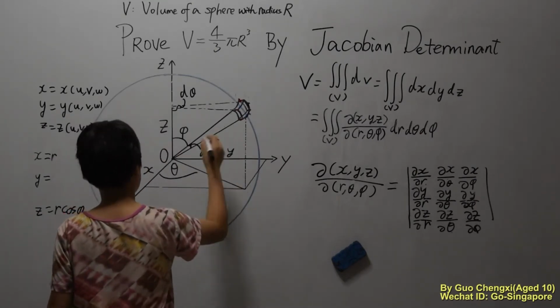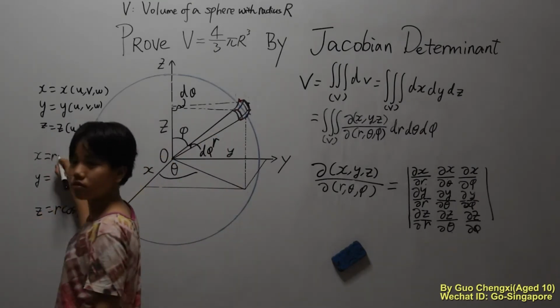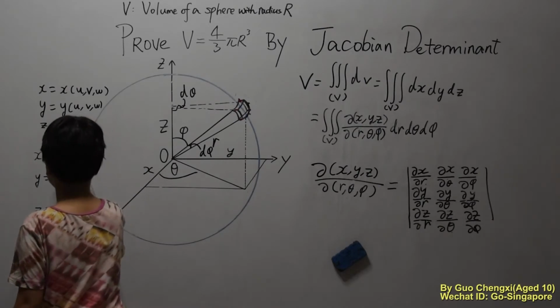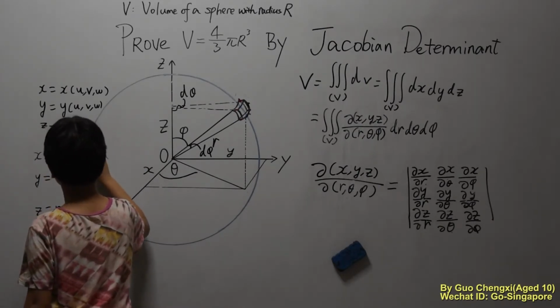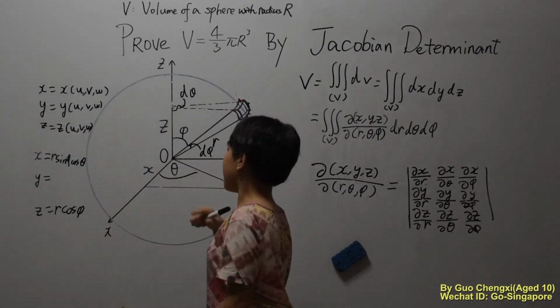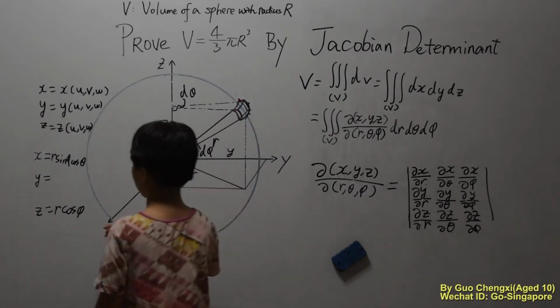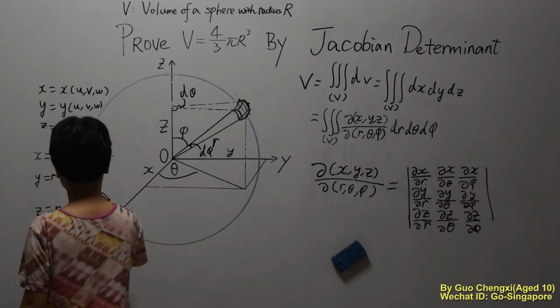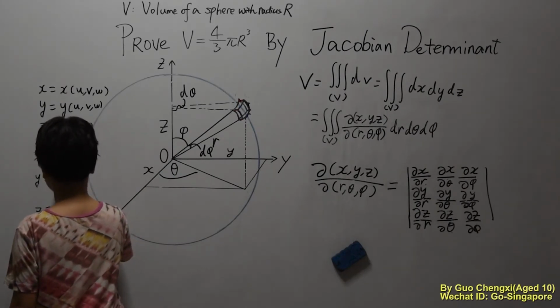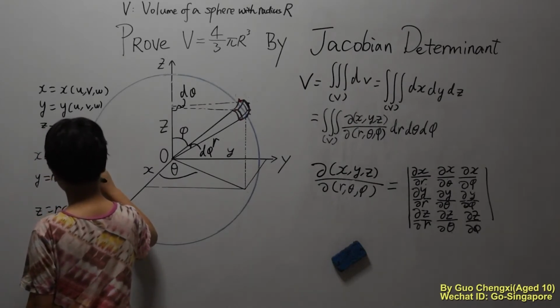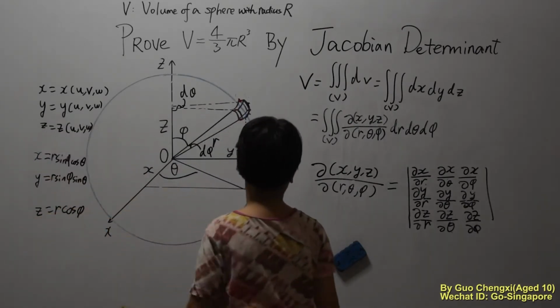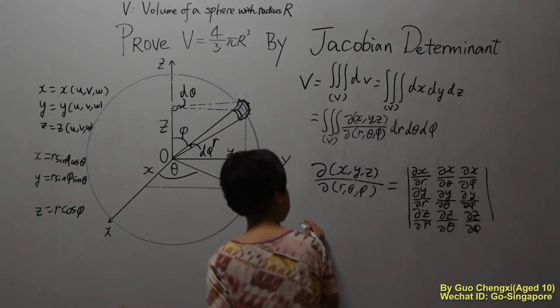Then after that, for this part, it will become sine phi cosine theta. Okay? Then what about y? You also can find it already. It becomes sine phi sine theta. Like this. Okay?